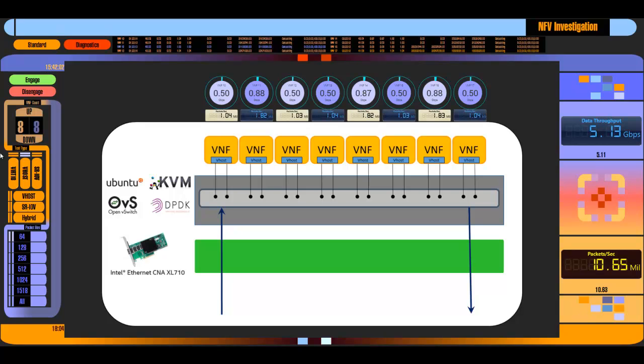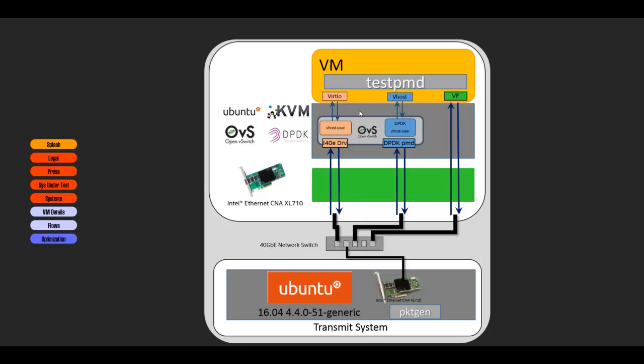Now, the reason that the VirtIO interface does not work so well is because, this is what we're running right now. We're running test PMD on top of a VirtIO or a DPDK-backed device or SR IOV VF. So test PMD is a poll mode, so it's always polling for data.